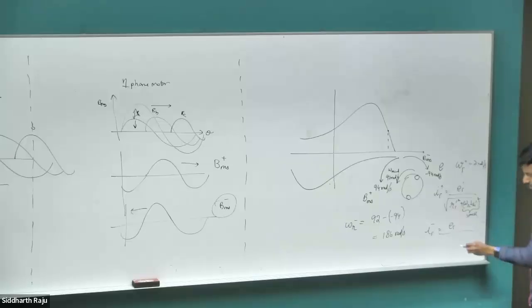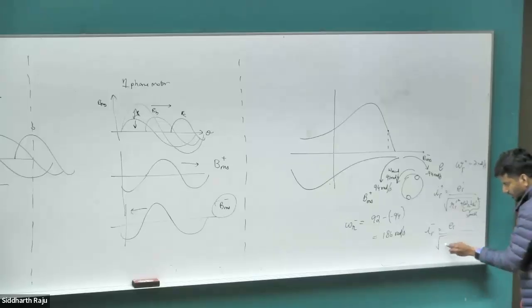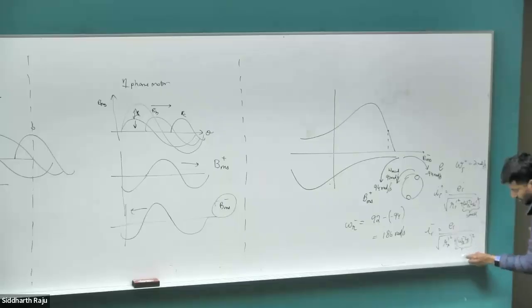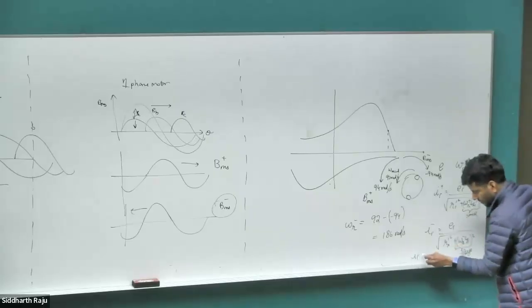So the current introduced on the rotor due to the negative component is going to be ER divided by the square root of RR prime squared plus omega R LLR prime, the whole squared. Now this component is extremely large. That means the IR component is going to be very small.